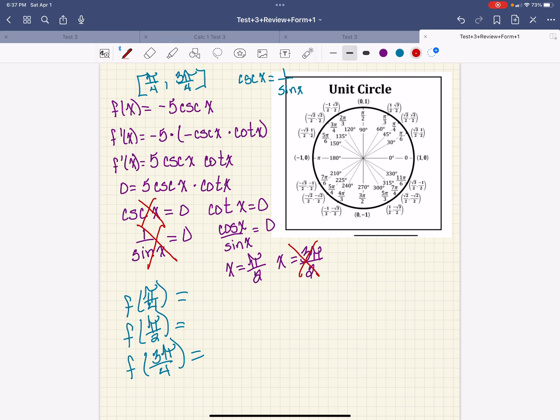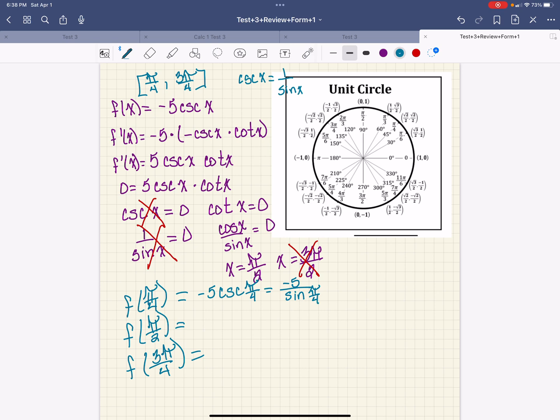So now I'm going to plug in pi over 4 to my original function. Oh, I'm sorry, we're not going to plug x in. We're going to have pi over 4. That is negative 5 over sine of pi over 4.